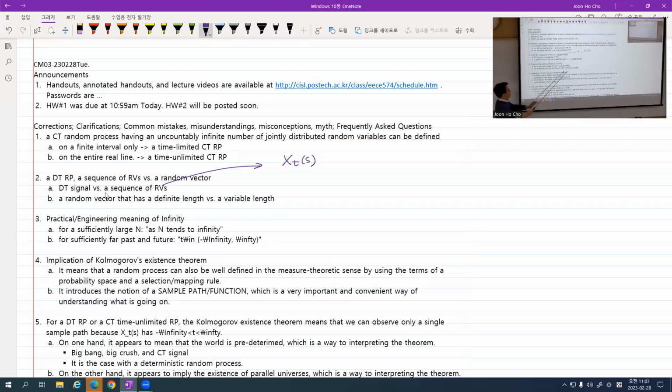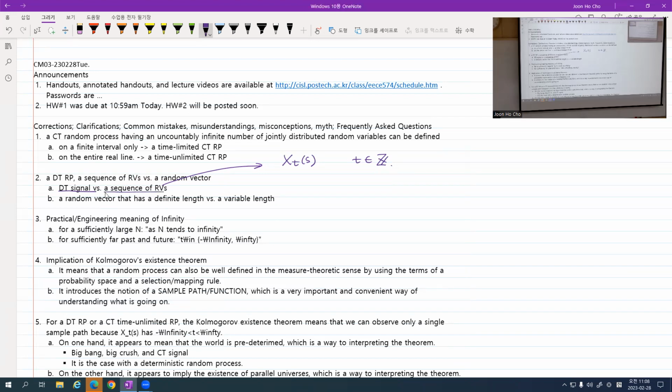Here, S is the argument of this function or mapping rule or selection rule, and S is the outcome or realization of a random experiment that is described by an abstract or underlying probability space. Here, a DT signal has t, for example, a member of the set of integers.